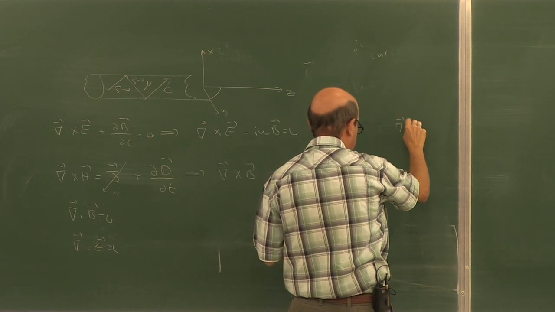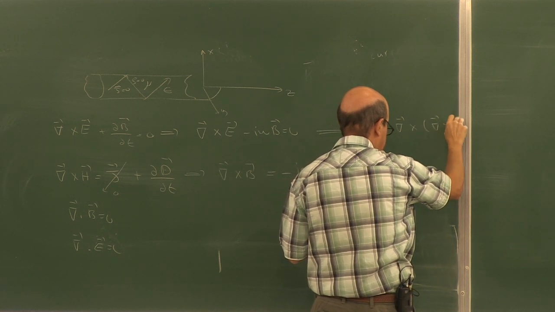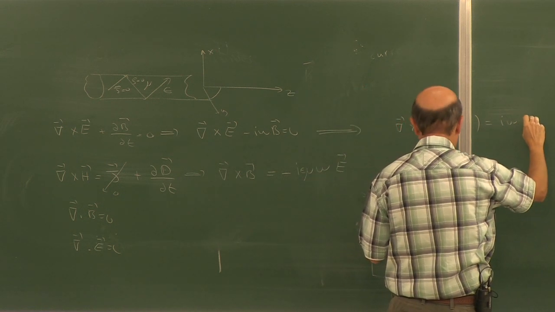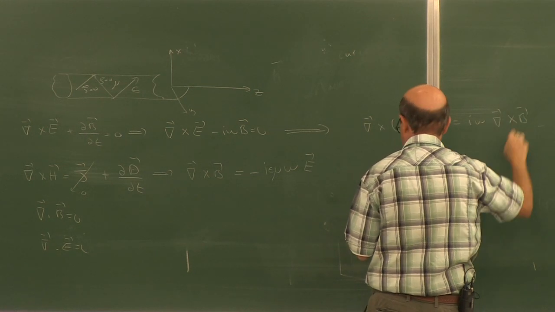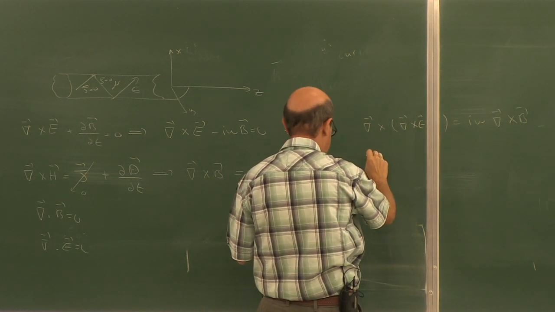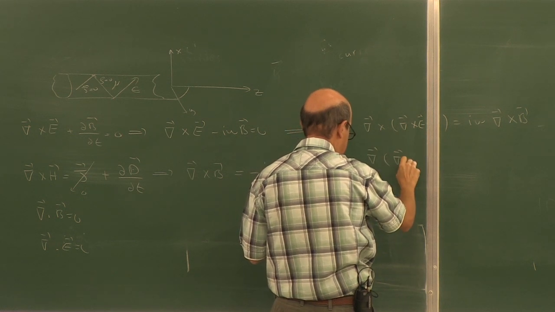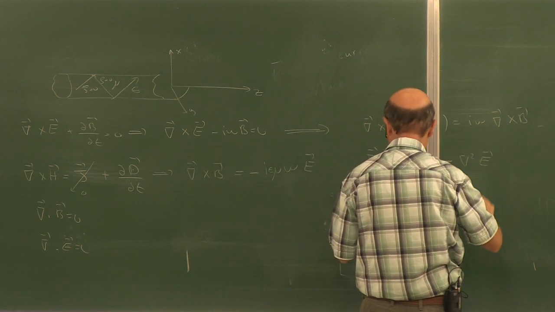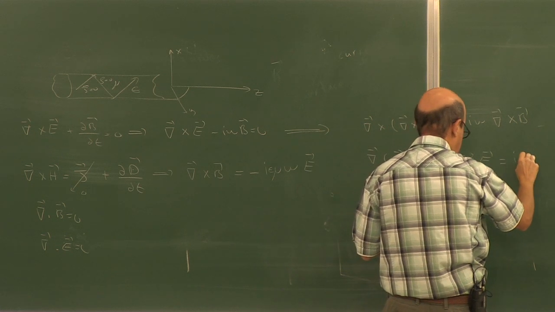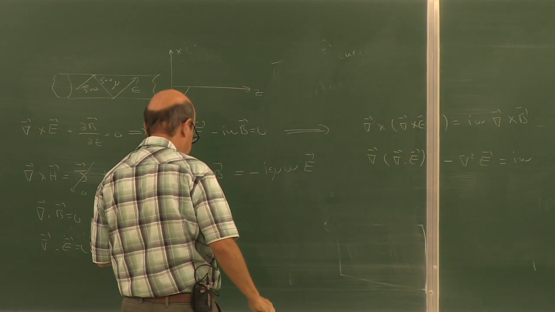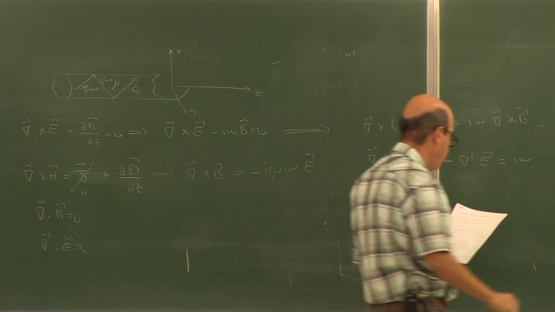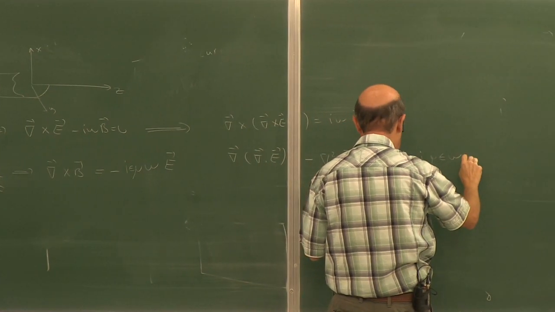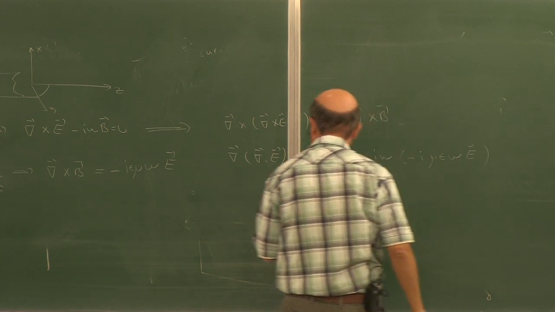So curl of E is equal to i omega B, and curl of curl of E is gradient of divergence of E minus Laplacian E. Instead of curl of B you can write minus i mu epsilon omega times the electric field.